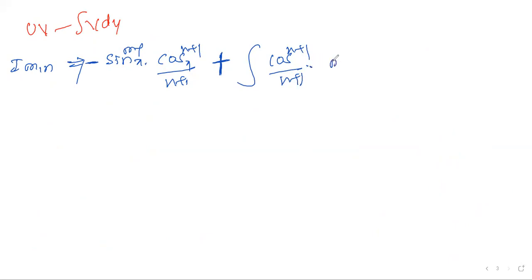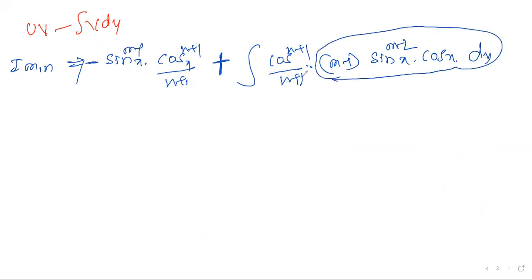Du means (m-1) into sin^(m-2) x into cos x dx, since d by dx of sin x is cos x. This is the portion of du, and this is the portion of v. Minus into minus I wrote.